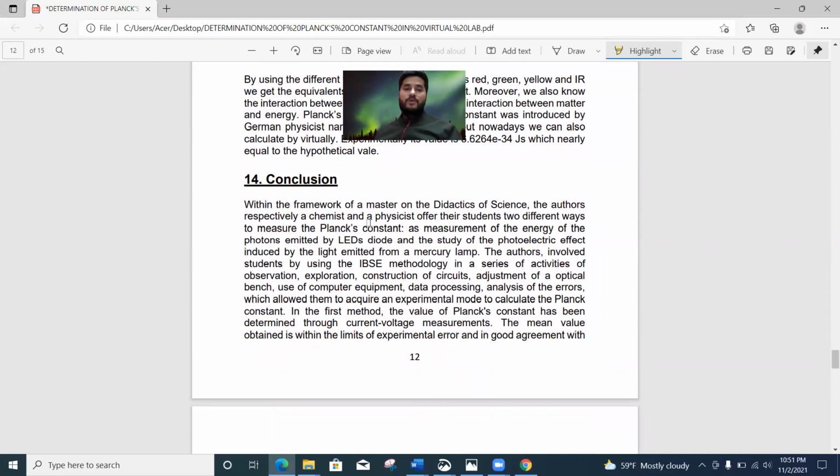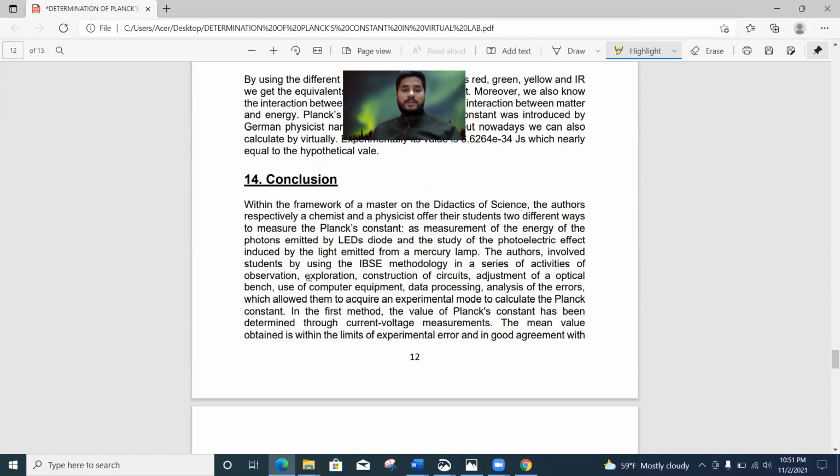Within the framework of a master's degree in science, the authors, respectively a chemist and a physicist, offer their students different ways to measure Planck's constant: as a measure of the energy of the photon emitted by an LED diode, and through the study of the photoelectric effect induced by the light emitted from a mercury lamp.